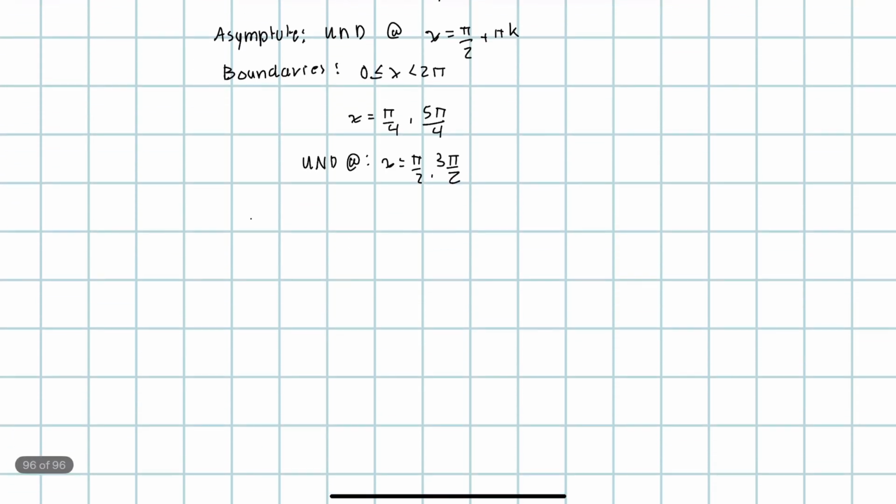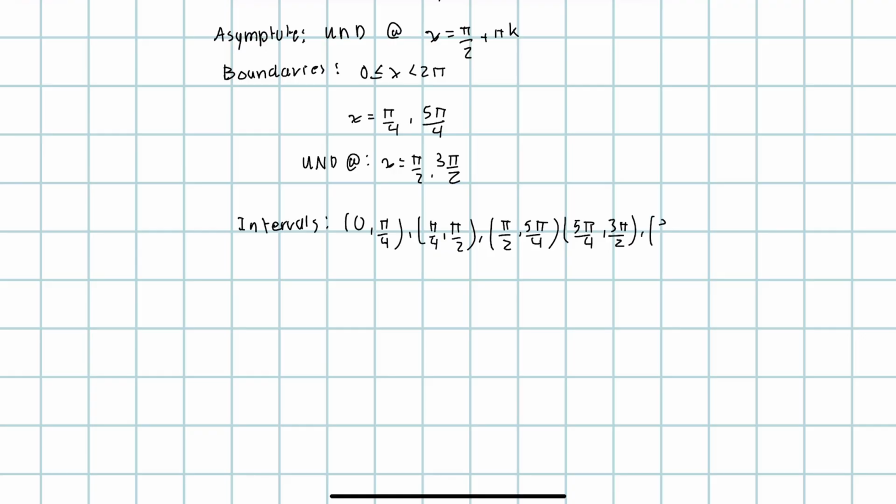So our intervals are gonna be 0 to pi over 4, pi over 4 to pi over 2, pi over 2 to 5 pi over 4, 5 pi over 4 to 3 pi over 2, 3 pi over 2 to 2 pi.